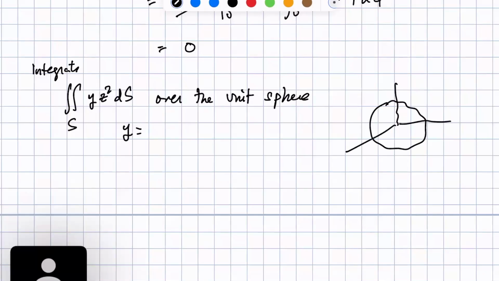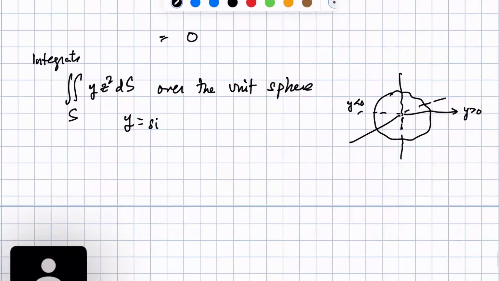I have x, y, z. The z squared is always going to be positive. So this y, similar to the x in the previous problem, is going to be positive half the time and negative half the time. So this y is going to cancel out and leave 0.